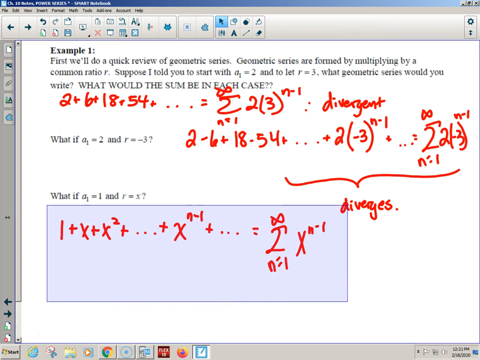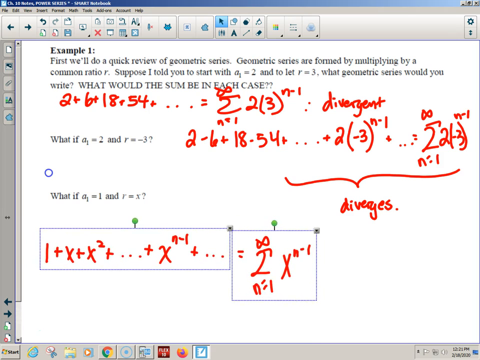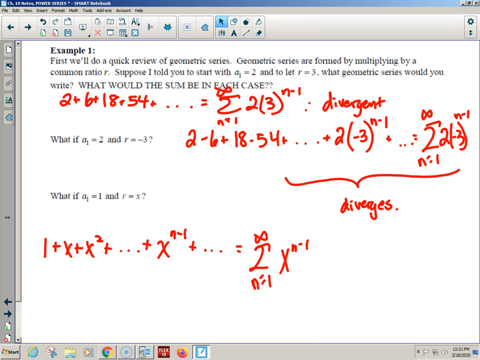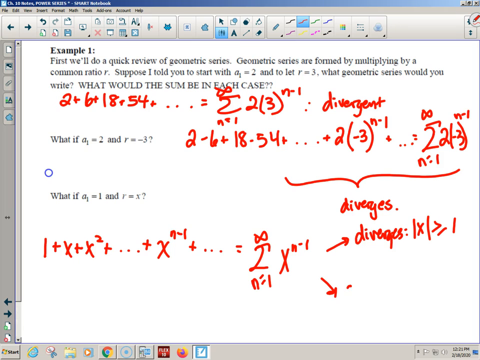No. Sometimes. When does this diverge? Diverges when x is greater than or equal to 1. But what is it going to do when x is not greater than or equal to 1? To 0? Think. What will it converge to?